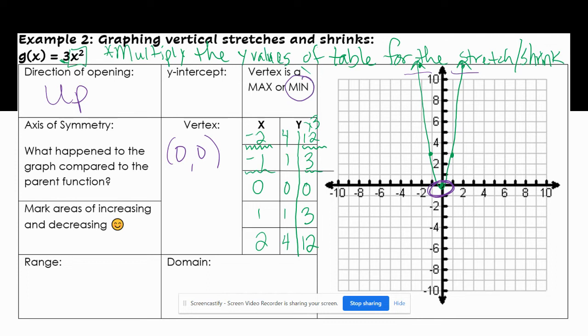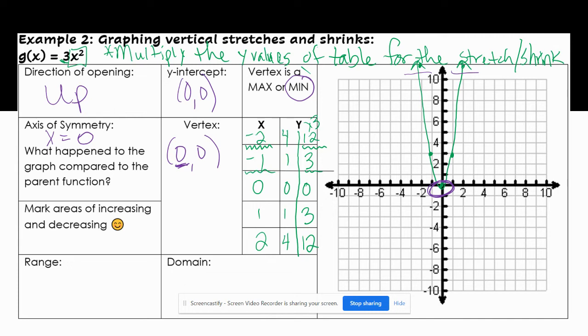The vertex is a minimum because it's the lowest point. Our axis of symmetry is x equals 0, because we have our 0 here in the x part of our vertex. The y-intercept, where our graph is touching the y-axis, is also at 0, 0.